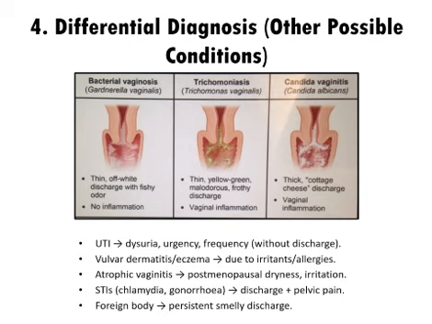First will be UTI, then vulvar dermatitis, which is due to irritants or allergies. Then will be atrophic vaginitis, which is due to postmenopausal dryness and irritation, followed by STI, which leads to discharge and pelvic pain. Finally, foreign bodies, which cause persistent smelly discharge.